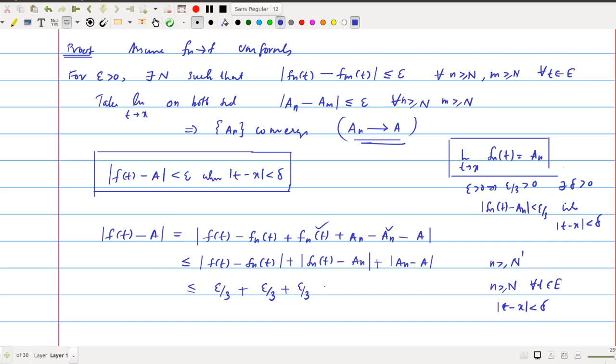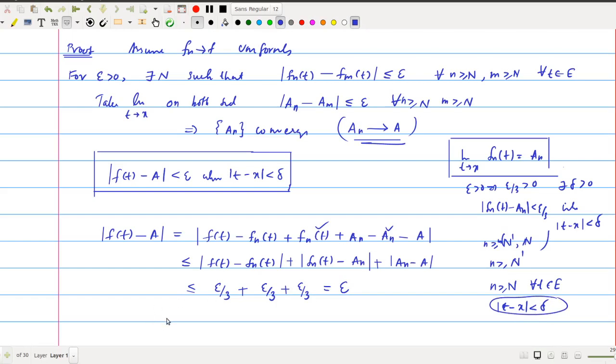So this f of t minus a is less than epsilon if we choose a particular n which is greater than both this N prime and N. If we choose such an n, then you can make f of t minus a less than epsilon whenever mod t minus x is less than delta.